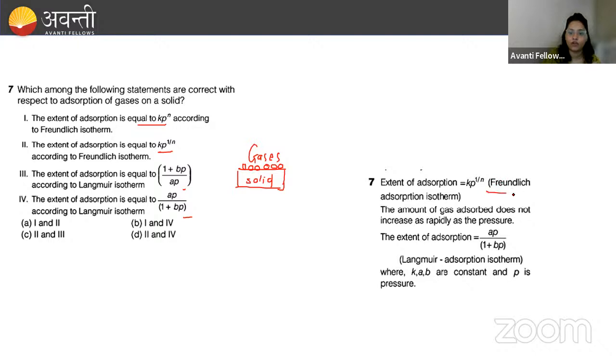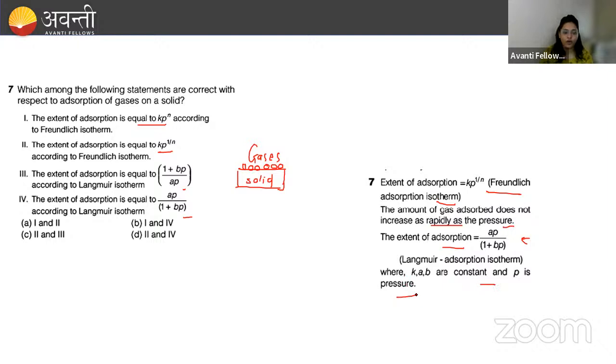The extent of adsorption is equal to Kp raised to 1 by n for the Freundlich adsorption isotherm, right? This is our equation. The amount of gas adsorbed does not increase as rapidly as the pressure. And the extent of adsorption for Langmuir adsorption is Ap upon 1 plus Bp. Here K, A, B are constants and P is pressure.